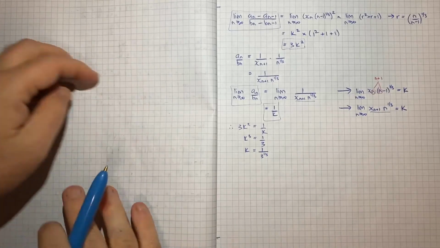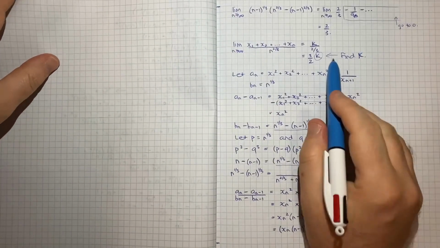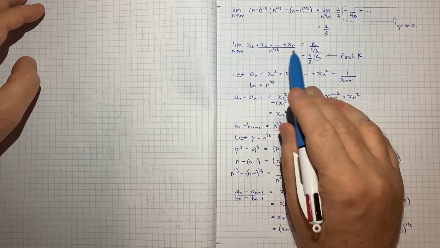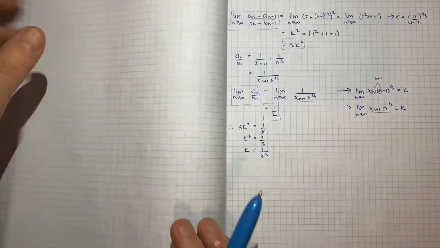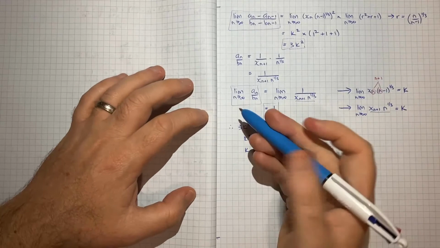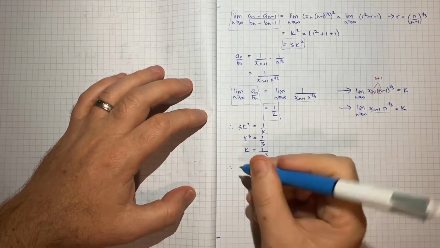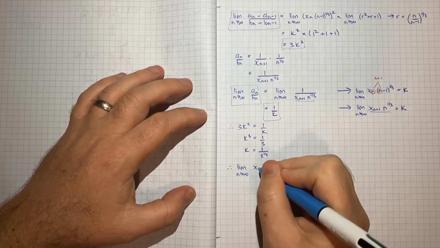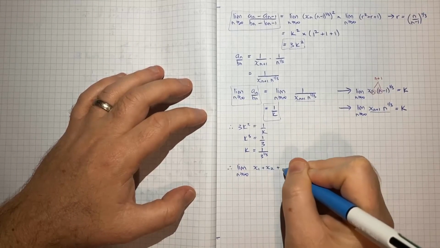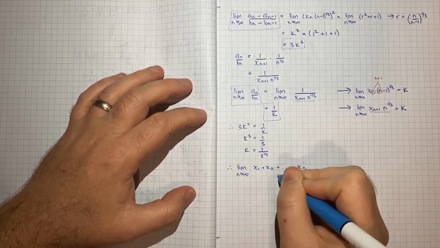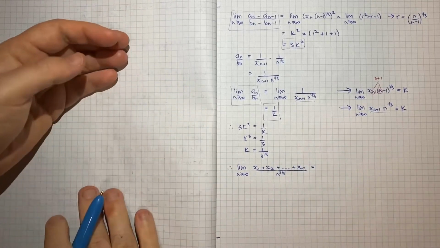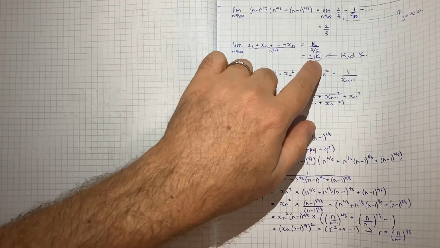And now, remember that this whole problem got reduced to the point where if we can find k, we've got our solution. So we've just found k, so now we can draw our conclusion. The limit as n goes to infinity of x1 plus x2 plus all the way up to xn on n to the 2/3 is equal to 3 on 2 times k.